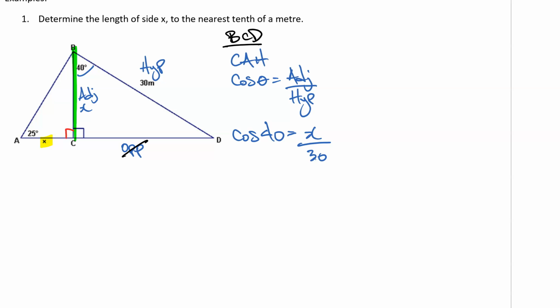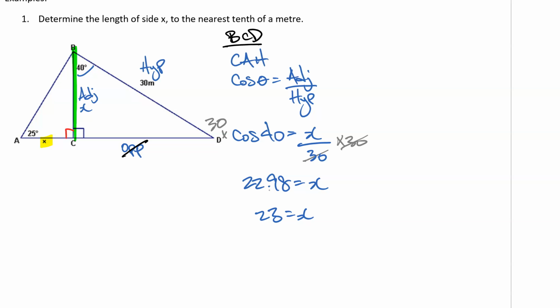Okay, so in order to solve this problem, we need to multiply both sides by 30. And if you do that, you're going to get these to cross out, and you have 30 cos 40, which works out to be 22.98, or I'm going to round that to 23 is equal to X, because, even to the hundredths, that's an 8, changing that tenths to a 9, that's enough to call 23 meters.